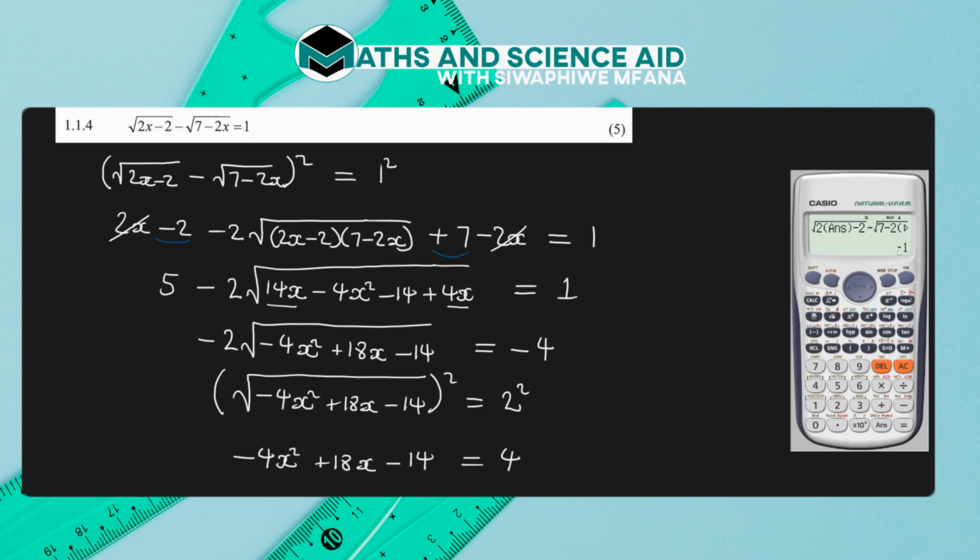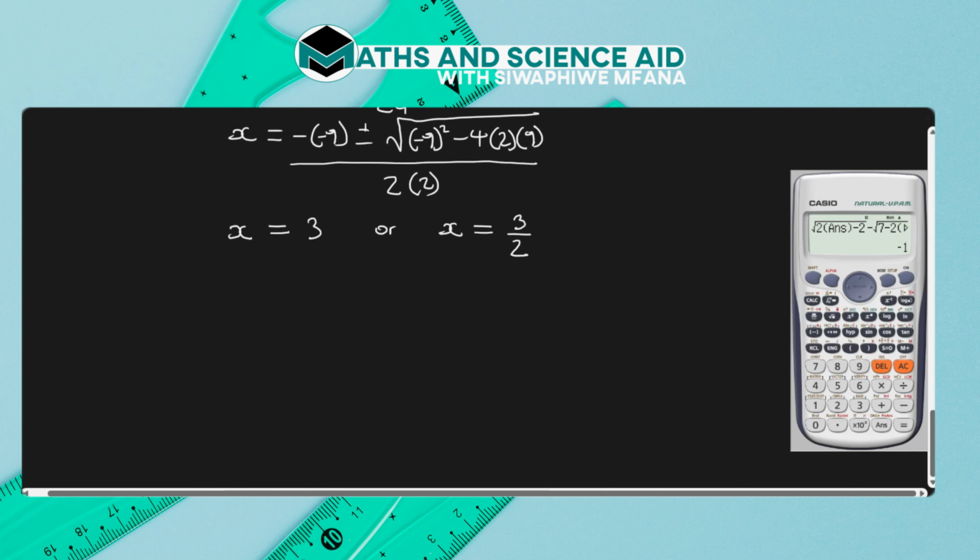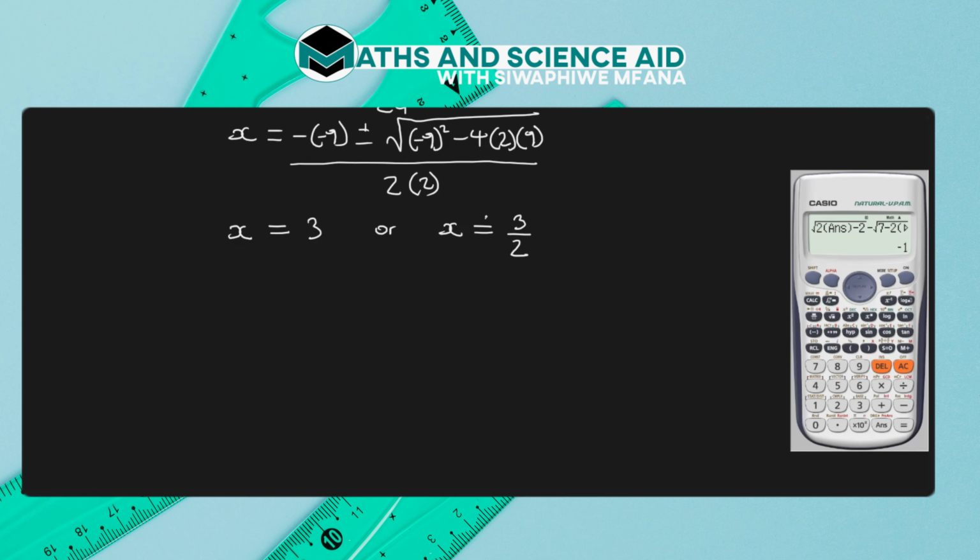Well, as you can see, we get negative 1, but our equation is equal to positive 1. So this means that 3 over 2 is not part of our solution. So for that equation, x is not equal to 3 over 2. Now let us check 3. So I'll just substitute in 3 in place of x instead.